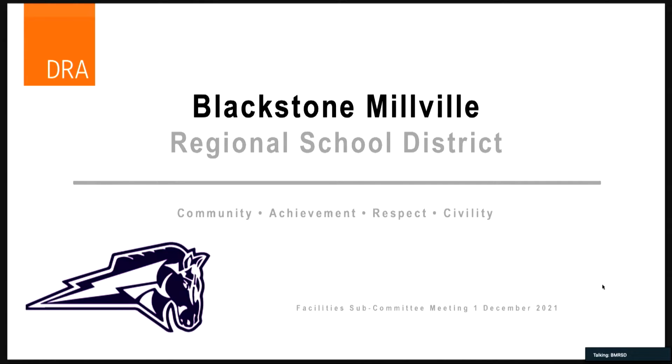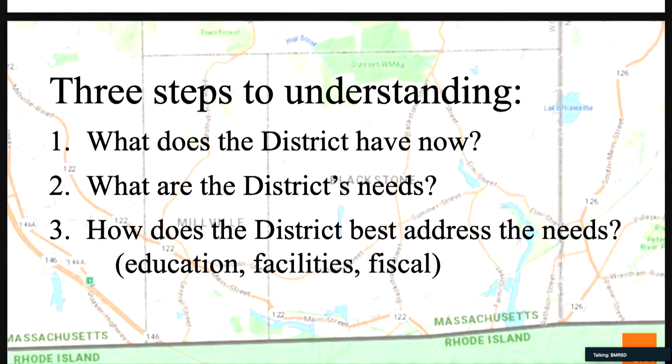And we'll talk a bit at the end of this about the state side of the process and how you get involved in that. But as it started, we always take a master plan as three steps to understanding what a district may need. And it's, what do you own now? What do you teach? And who do you teach?